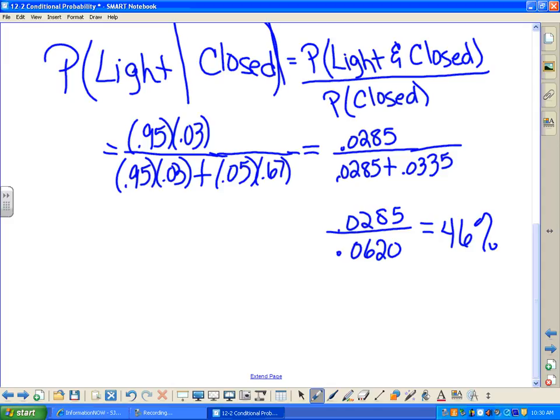So just because school is closed, almost half the time the snow is light, they probably could have gone. Right? That's what this is saying. This type of probability is used a lot in the medical field when it comes to doing tests for certain kinds of diseases.